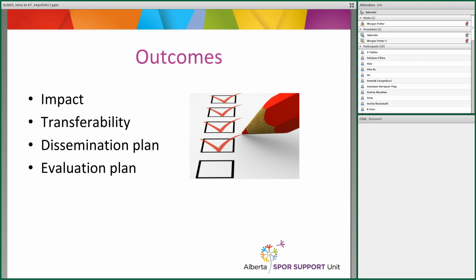It should be noted that integrated KT programs also require a dissemination plan, so you need to include a detailed plan for your end-of-grant KT. And you also need to develop a reasonable evaluation plan to be able to measure the outcomes and impacts of the study, as well as to assess the process of the IKT approach and to learn about barriers and facilitators for collaboration.